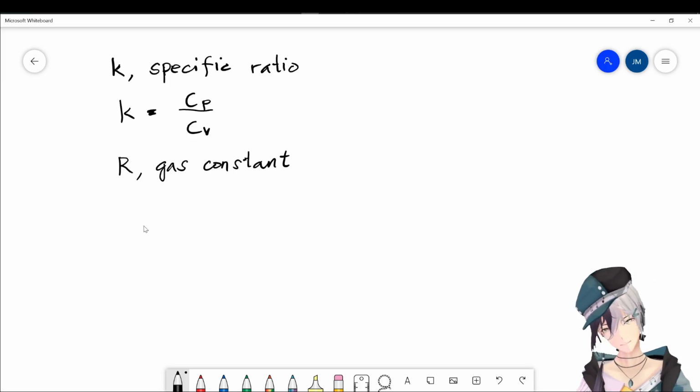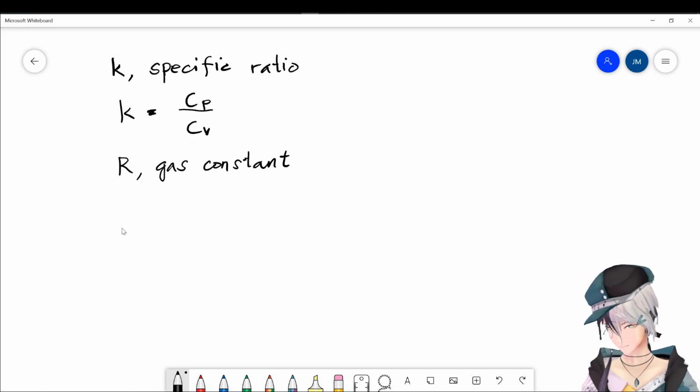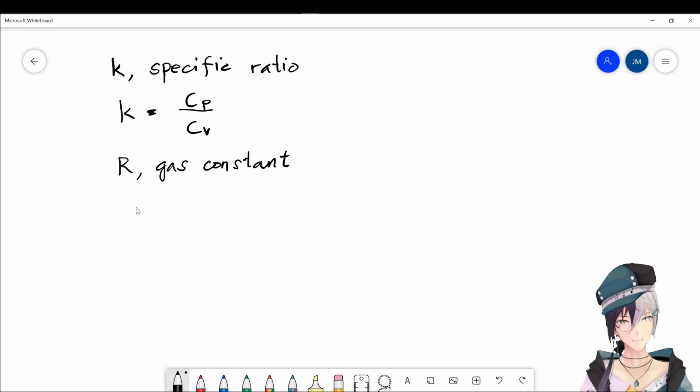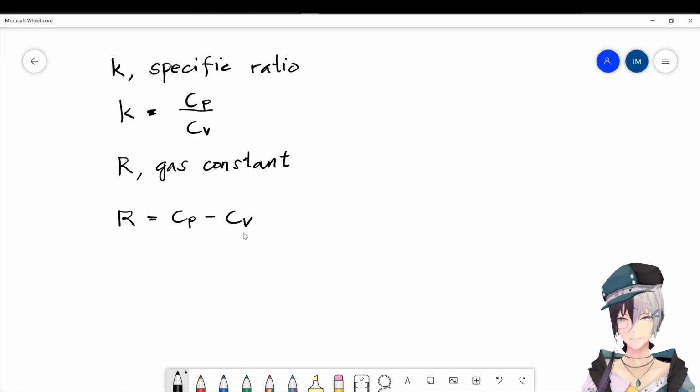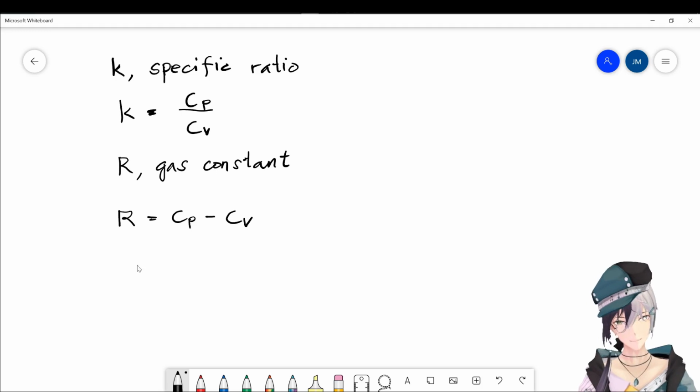The relationship between the specific ratio with R is this: R is the difference between the specific heat under constant pressure and the specific heat under constant volume.